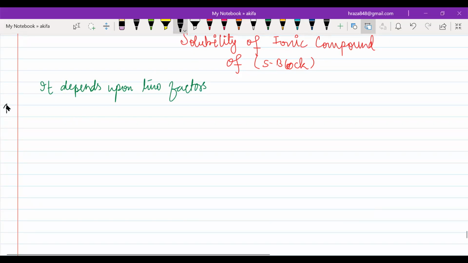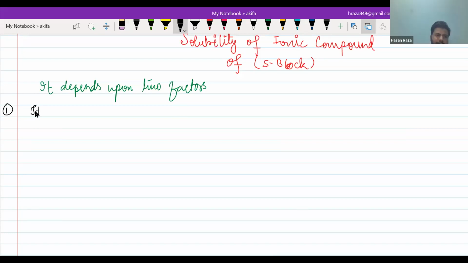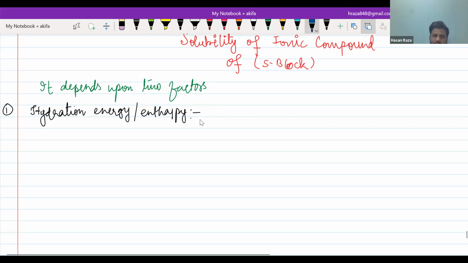The first one is hydration enthalpy. Hydration enthalpy that we have discussed already. Hydration energy, or we can say hydration enthalpy, both are same. Now see what is hydration enthalpy.